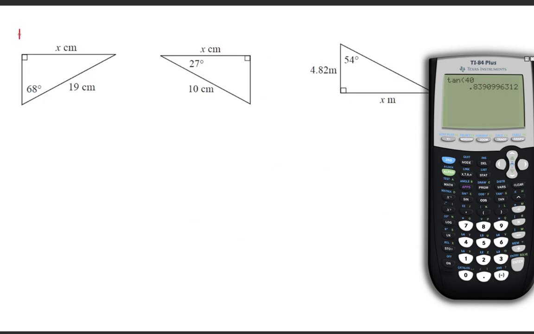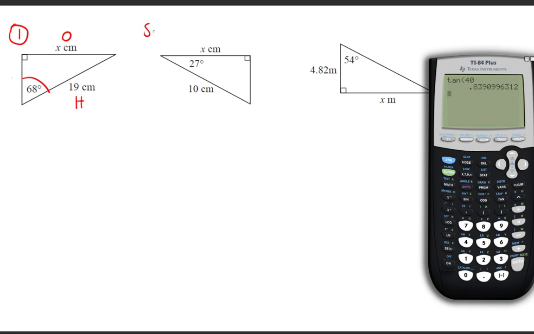So let's start with this one. We're looking for this length. So first thing we do is label the sides. Here's the angle. So this side is the opposite. Now this side is the adjacent, but we don't need it and we're not given it, so we can ignore that. And this side is obviously the hypotenuse.